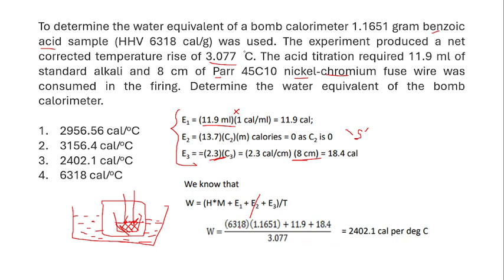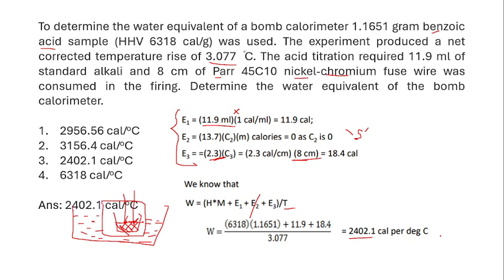So W is equal to H into M, where 6,318 is multiplied with 1.1651, then plus E1, which is 11.9, E2 is not there, E3 is 18.4, whole divided by the temperature rise. So the temperature rise is 3.077. So you will arrive at the value 2402.1 calories per degree Celsius.